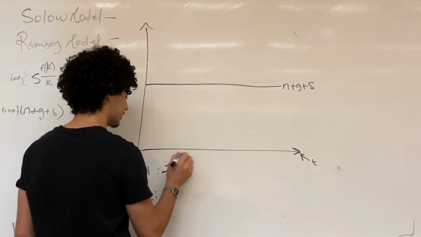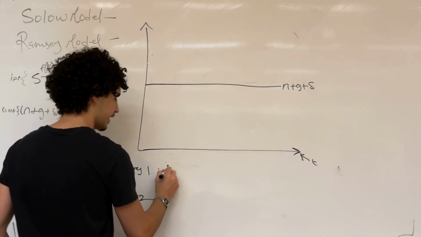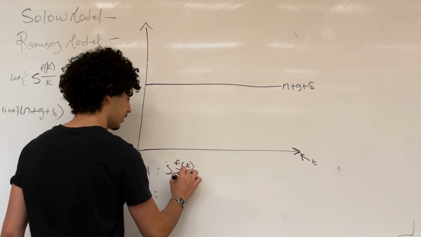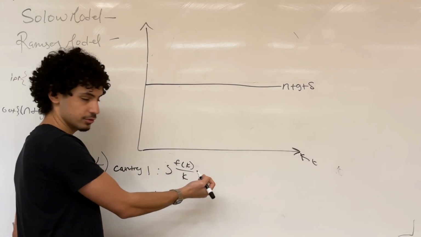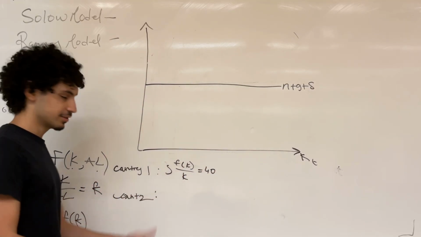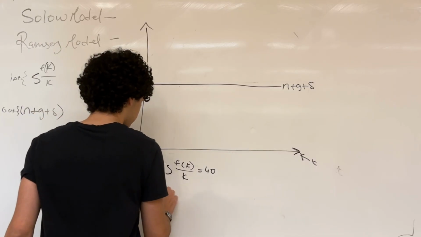We'll say country 1's saving, which remember is s times f of lowercase k over lowercase k, which is saving per capital. Let's say it's 40, whatever that is, just to show that it's higher. These numbers are much higher, obviously, in real life.